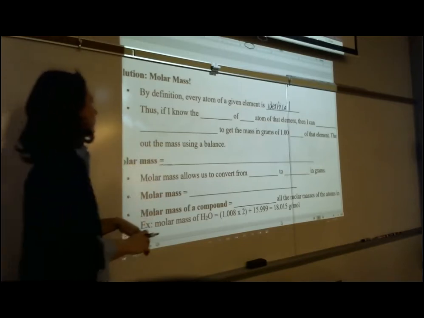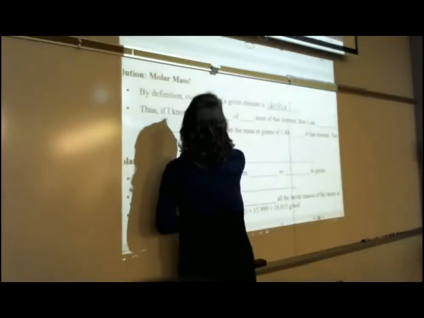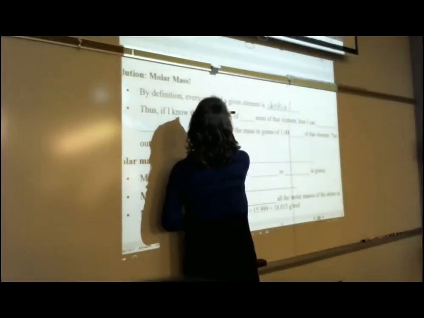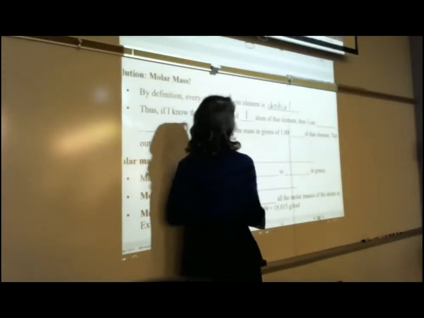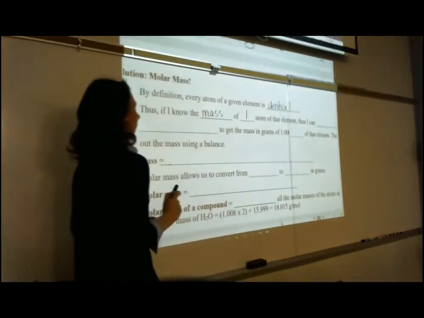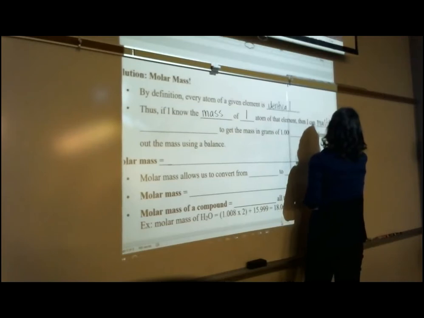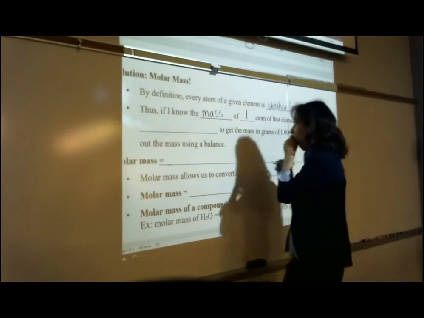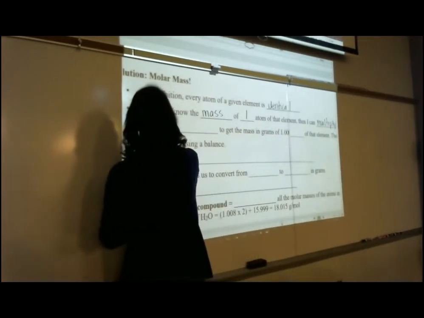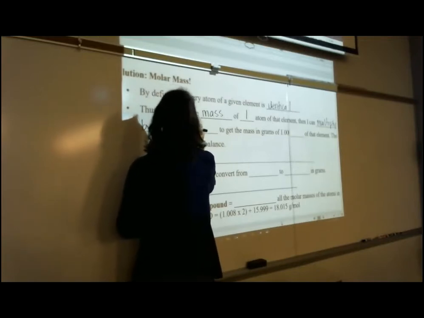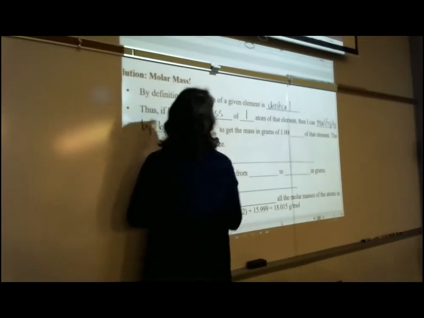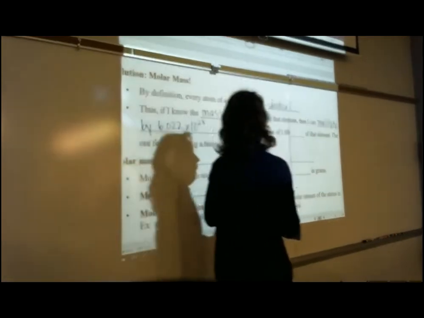So if I know the mass of one atom of that element, then I can multiply by 6.022 times 10 to the 23rd to get the mass in grams of 1 mole.